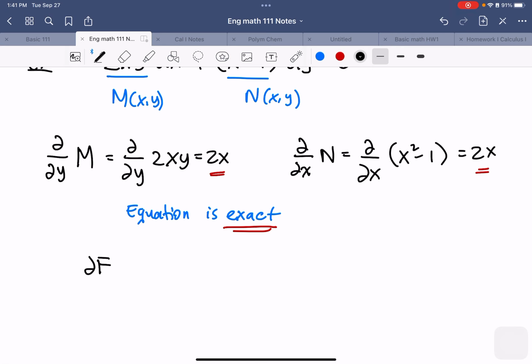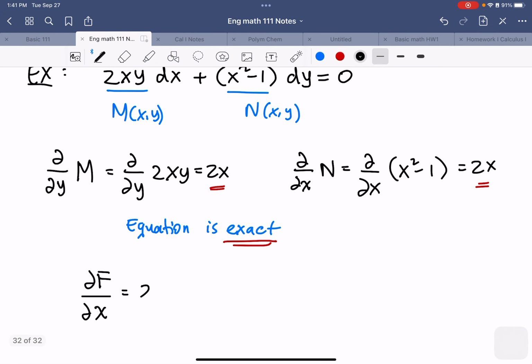So we take that partial f partial x is actually our M, in our case 2xy, and partial f partial y is our x squared minus 1.